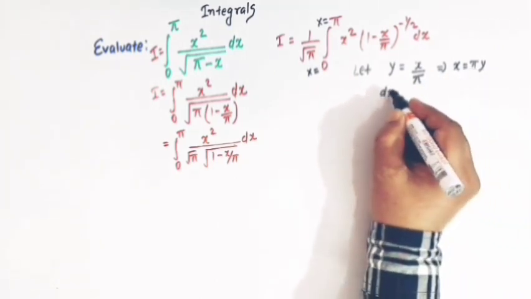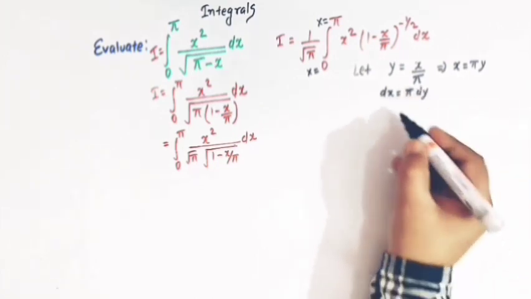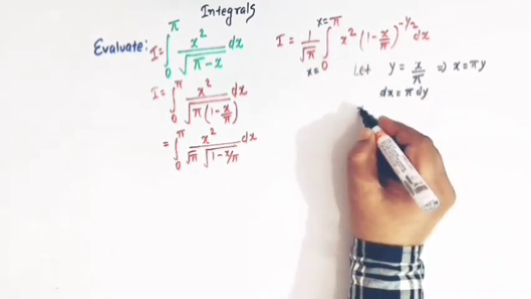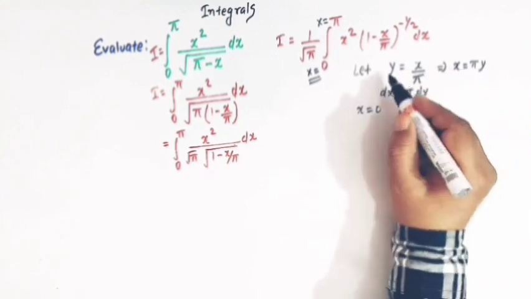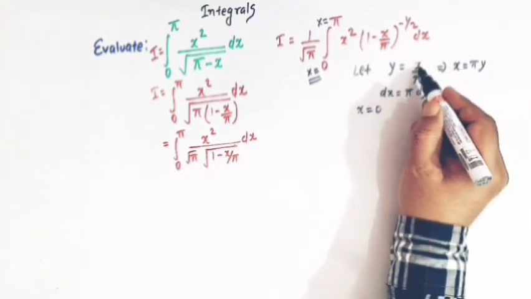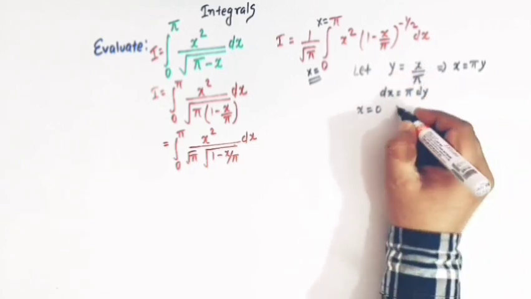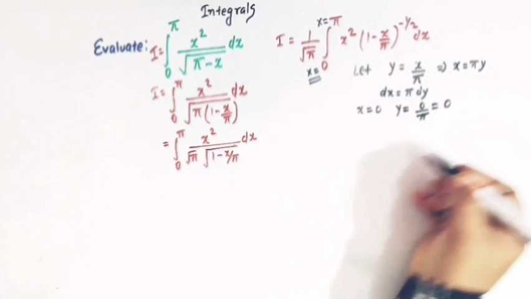So dx is equal to π dy, right? And we can change the limits accordingly. When x is equal to 0, the value of y can be obtained by taking x equal to 0 in this relation. So we have y equal to 0/π, which is equal to 0.